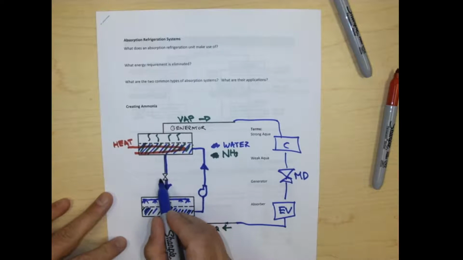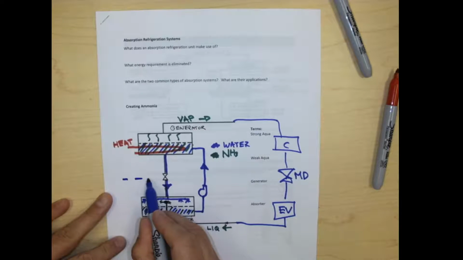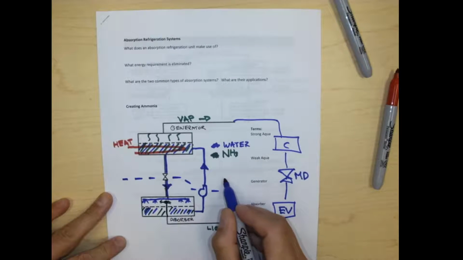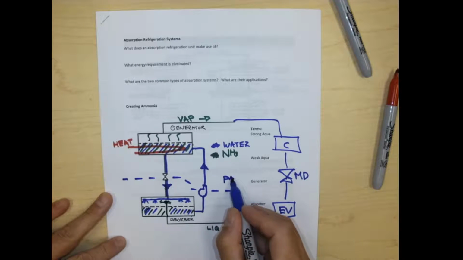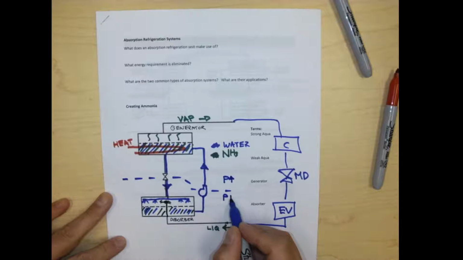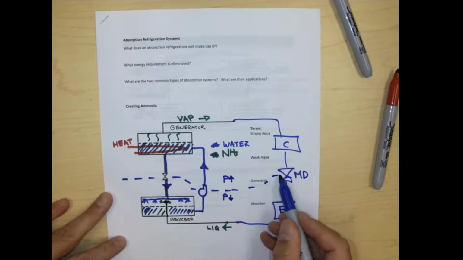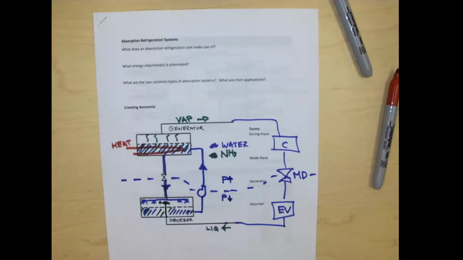Because of my pump, and then I've got a little metering device here, I have a high pressure side and I've got a low pressure side, just like I would inside of my refrigeration system.